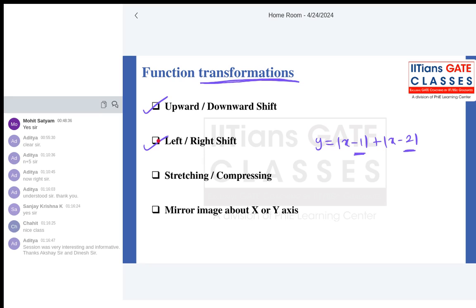If the multiplying constant is between 0 and 1, then it compresses the function, so the graph will be compressed in the y direction. Then there are transformations such as taking mod of x or mod of the whole function. It results in the mirror imaging of the function about the x and y axis.